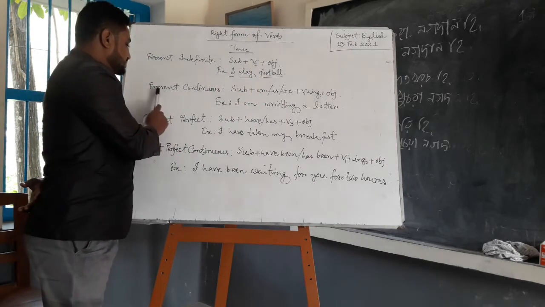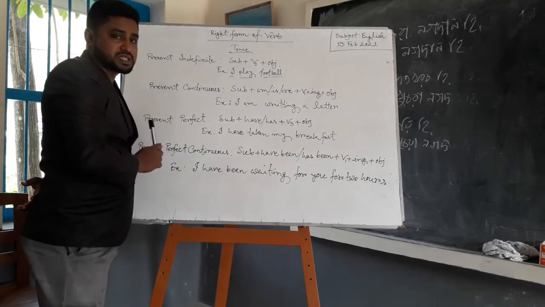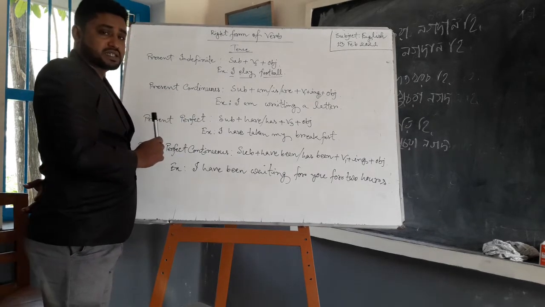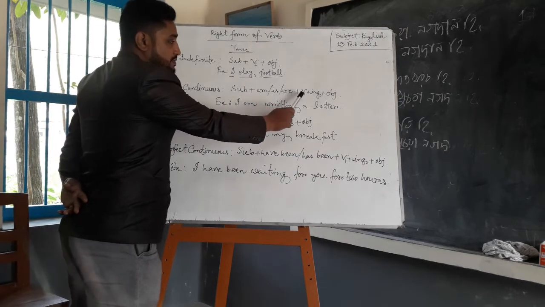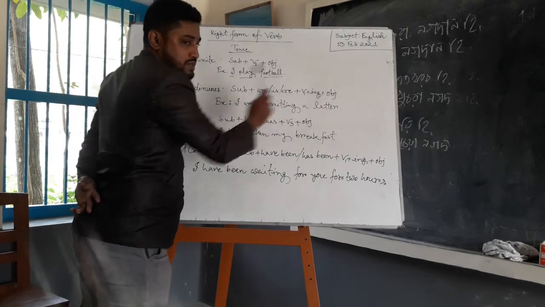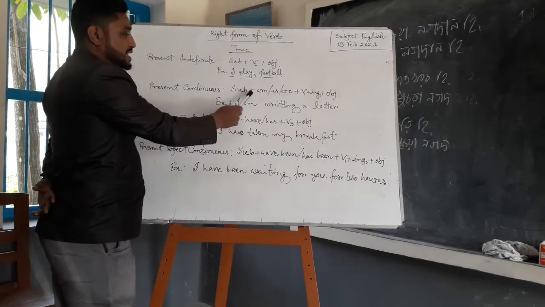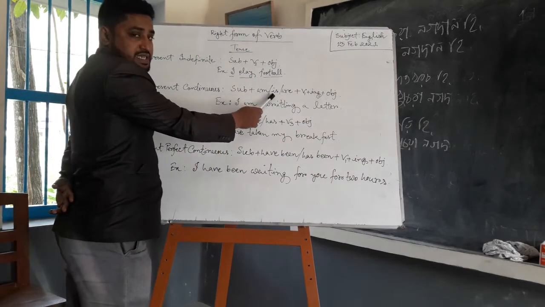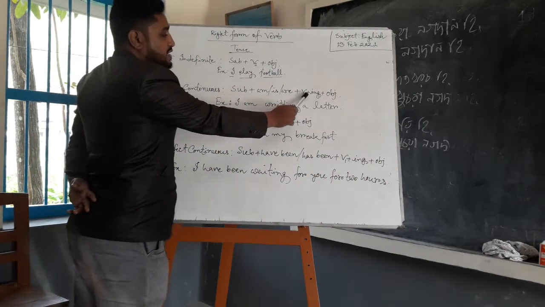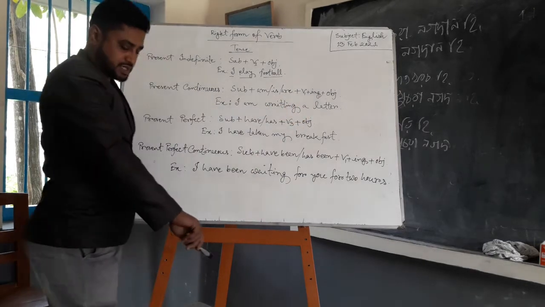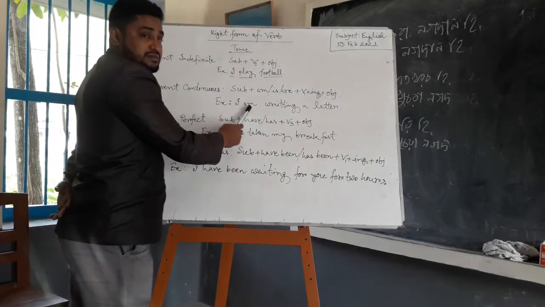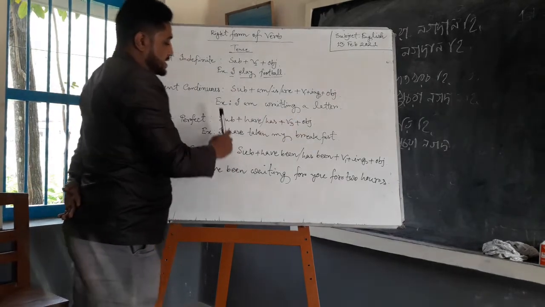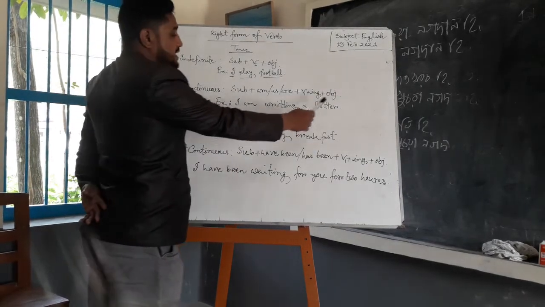Next one is present continuous tense. And the structure is subject plus am/is/are plus verb 1 plus ing plus object. And the example is I am writing a letter.